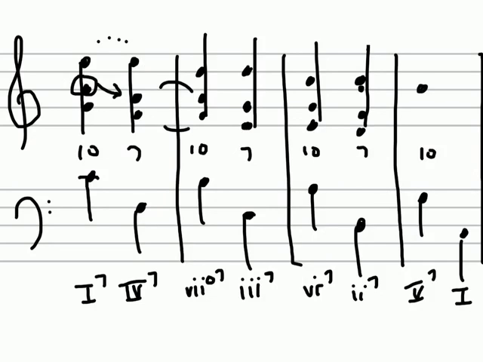And we go there, and then finally for the 5-7, and you know how this turns out. And an octave at the end. So here it is with seventh chords.